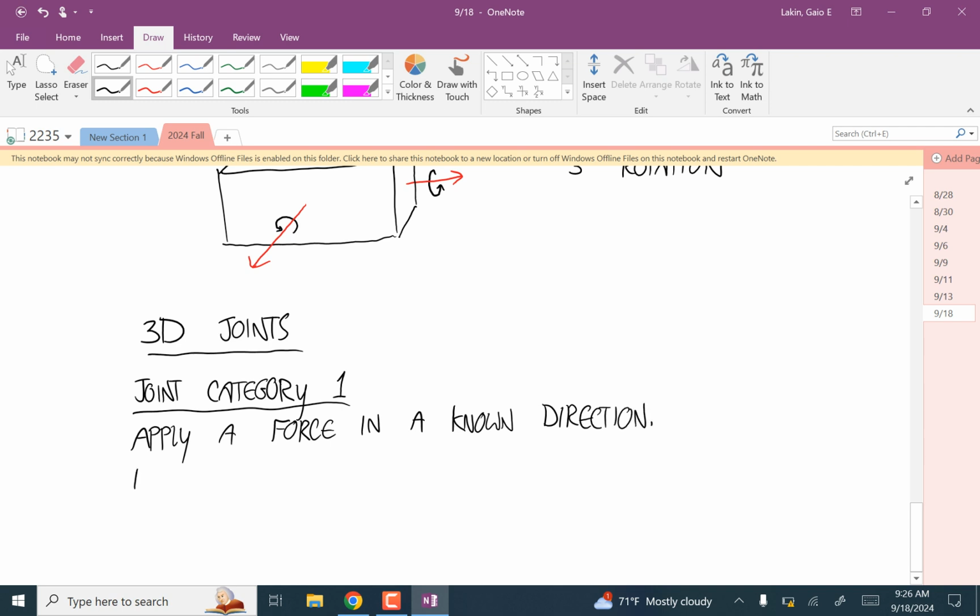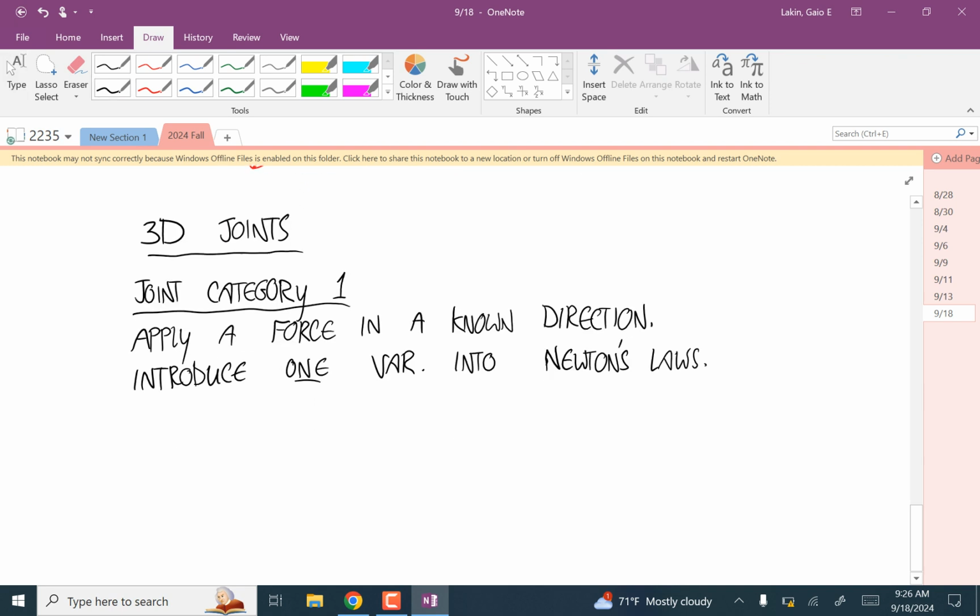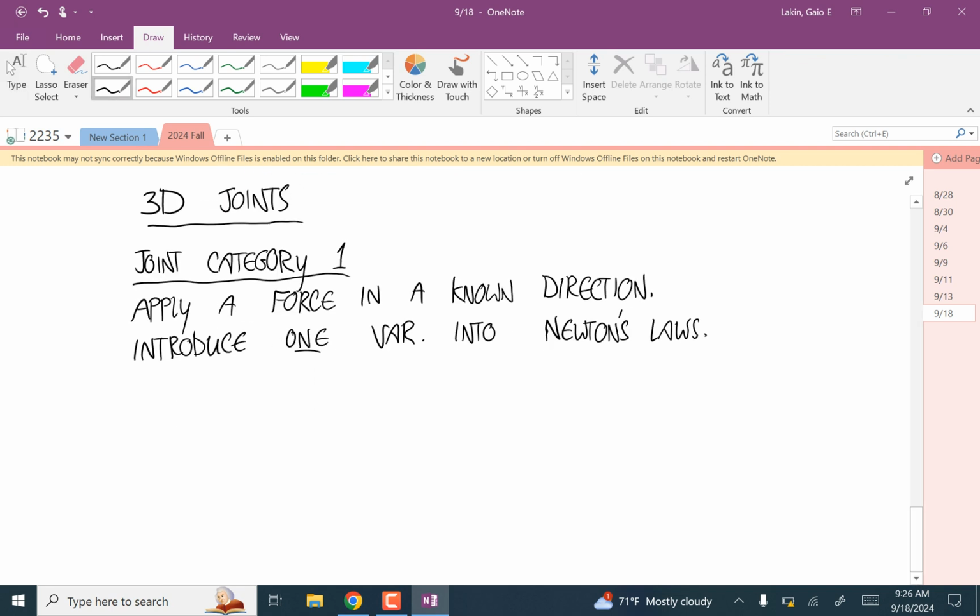And so these introduce one variable into Newton's laws. And there are two of these. The first one is a frictionless contact.